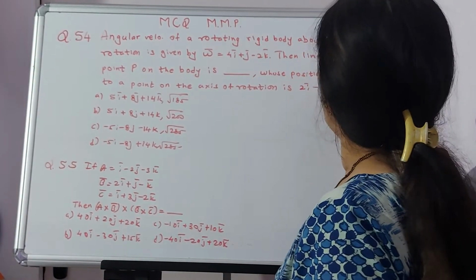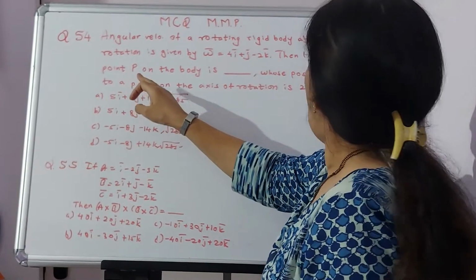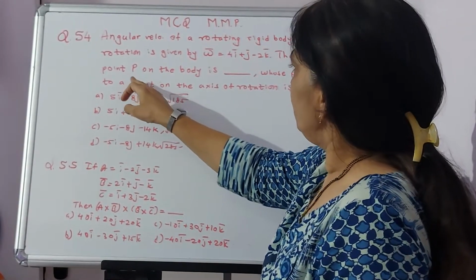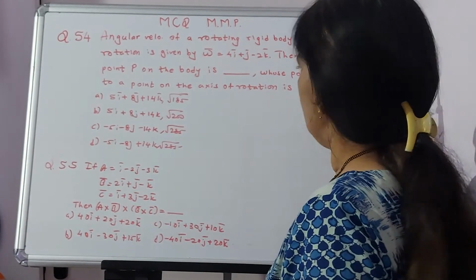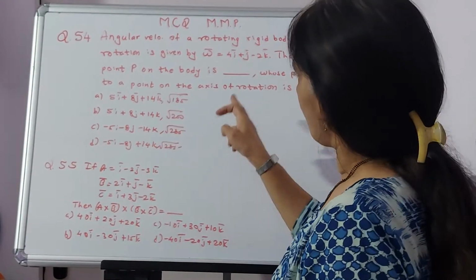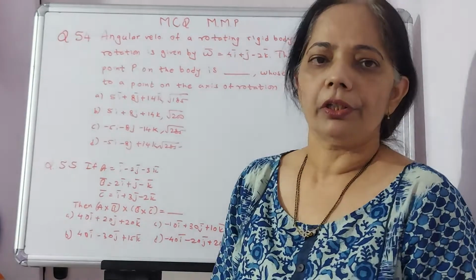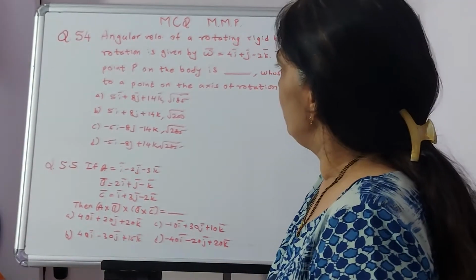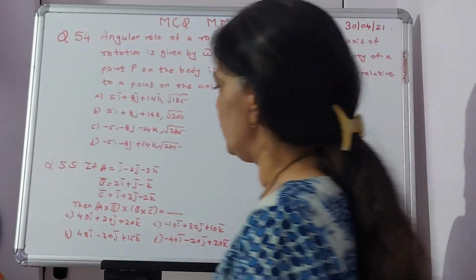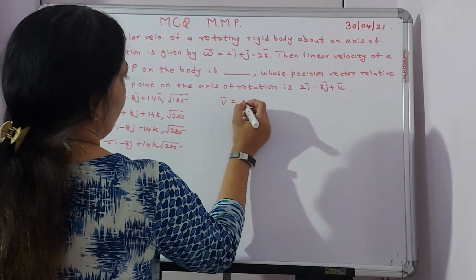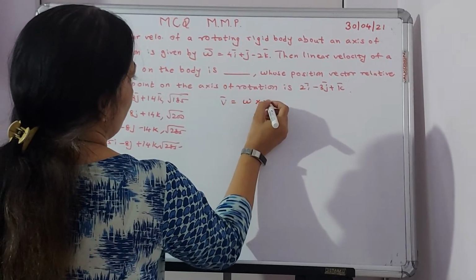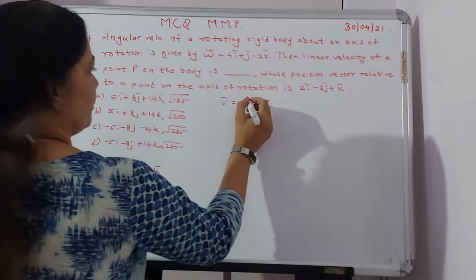Then the linear velocity of a point P on the body is how much? Whose position vector relative to a point on the axis of rotation is given over here. Correct? So the formula which we'll use to find out the linear velocity V will be V is equal to omega cross R.